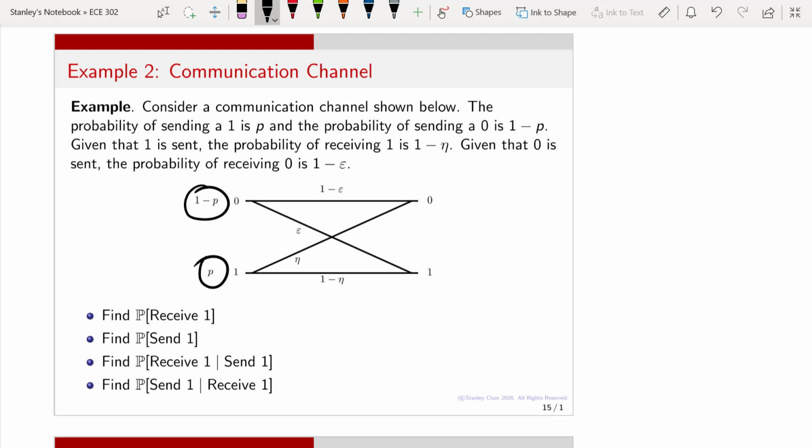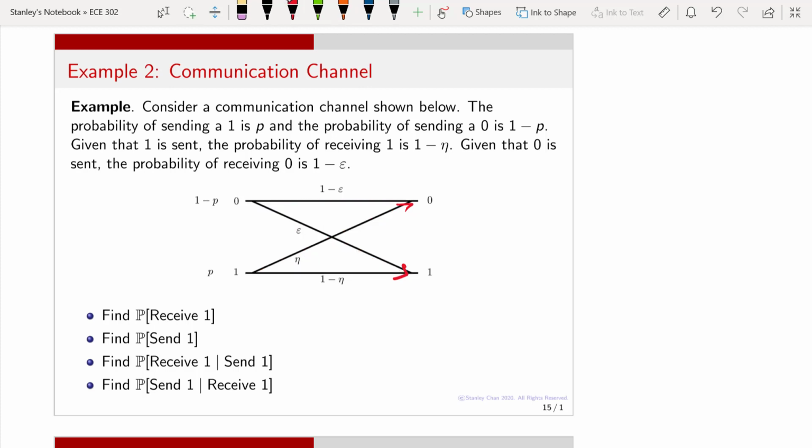You have a certain probability of making a mistake. For example, if you start with 0 and transmit through the channel, and your bit gets flipped because of the error, the chance of that happening is epsilon. If you start with 1 and it goes to 0, the chance is eta. A correct transmission has probability 1 minus eta and 1 minus epsilon correspondingly.